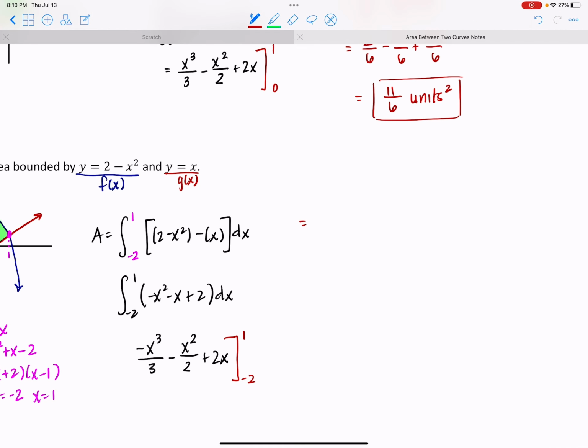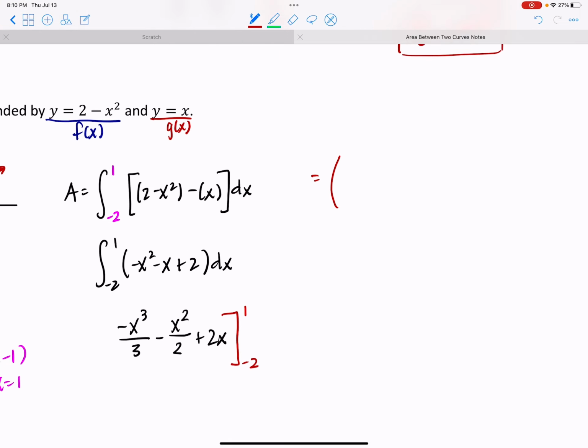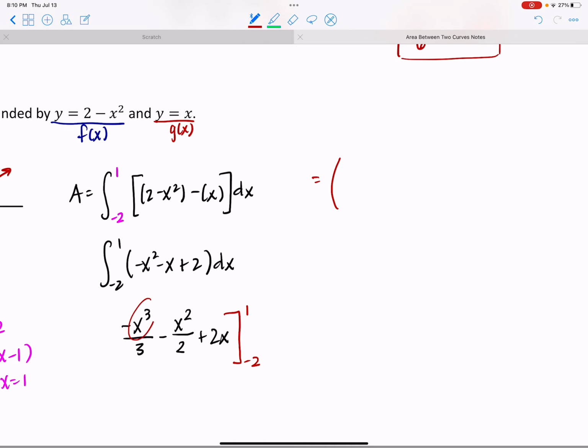So let's evaluate at 1. Maybe we can skip some of the work here. Negative 1 cubed is going to be, well, 1 cubed is 1, but times a negative makes it a negative 1. So it's going to be a negative 1/3. If I plug 1 into this, I'm going to get a 1/2, and it's going to be negative. And if I plug into this, I'm going to get 2.